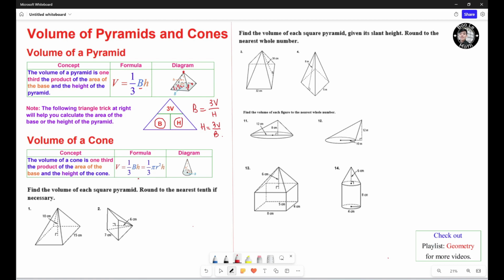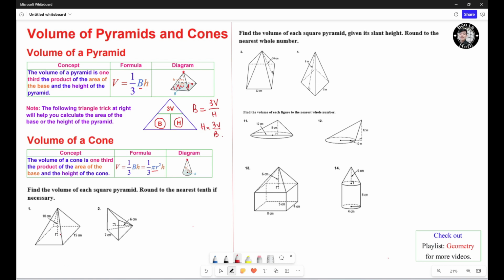The only thing different right here is that the base is a circle, so we have to use the area of the circle to calculate the area of the base. The area of the circle is pi r squared. The height is right here, the distance from the vertex to the center of the circle.